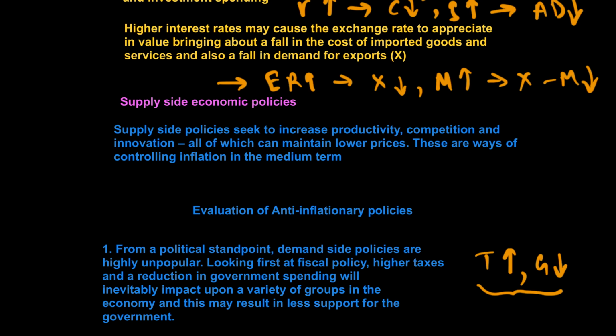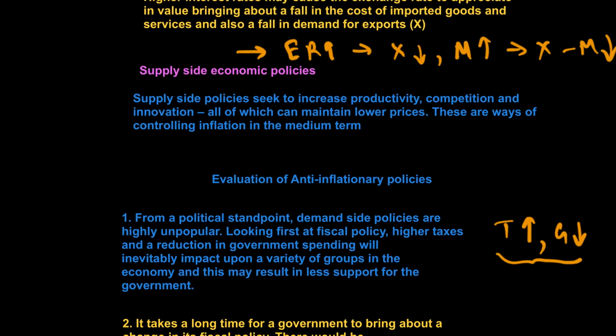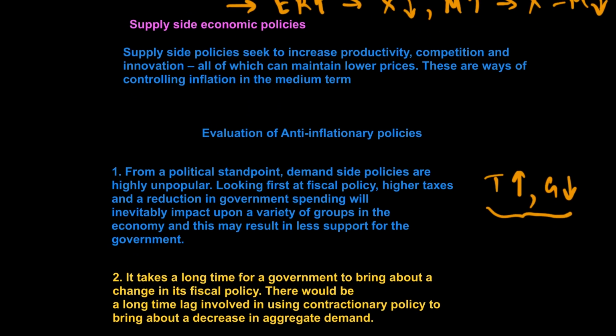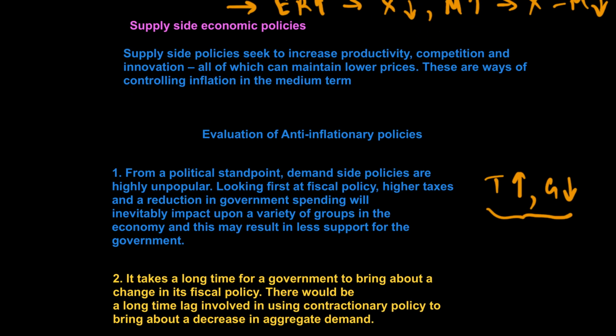Similarly, fiscal policy takes a lot longer for results to happen. The way it is decided, it's a long political process where the government has to first approve the budget, then the policy will be implemented, and then the results will come. So there will be a long time lag involved in using contractionary fiscal policy, which is trying to manage AD. So that's another problem with fiscal policy.